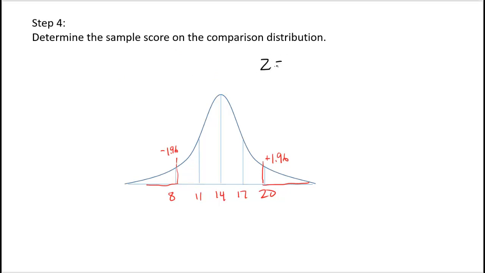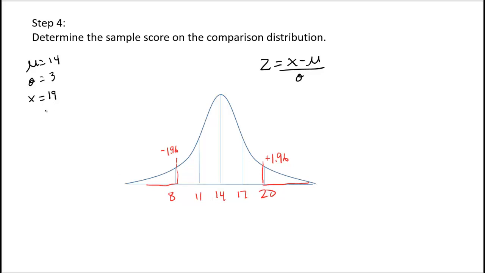Z equals x minus the mean of the population divided by standard deviation of the population. The information that we had from step 2 was that the mean of the population is 14, which is also expressed here because the mean is the middle of the curve. Standard deviation is equal to 3, which is expressed by the distance between each score and standard deviations. And our sample score is 19.